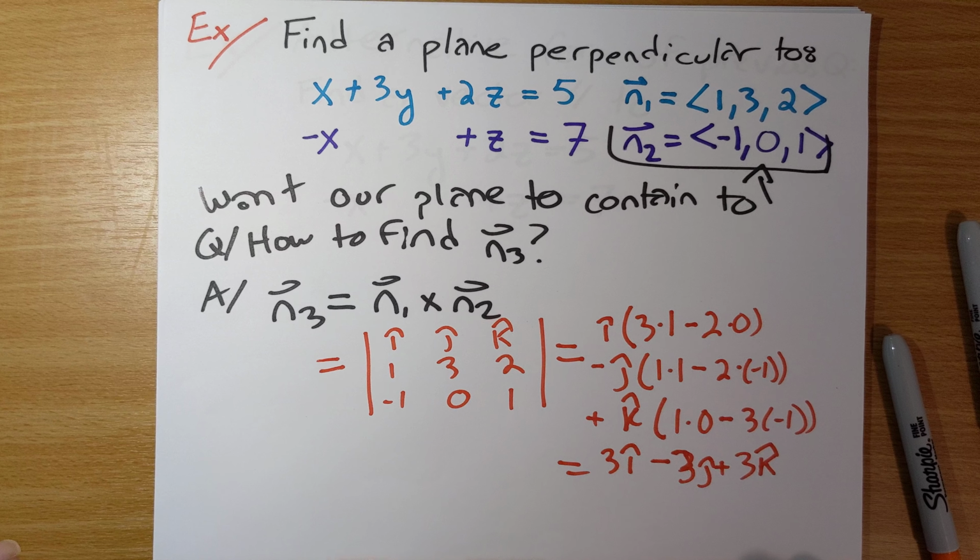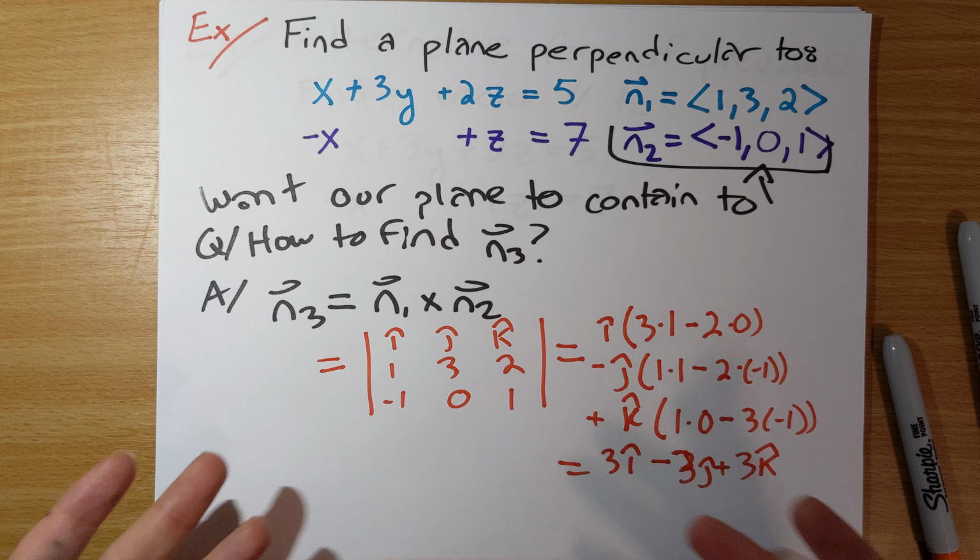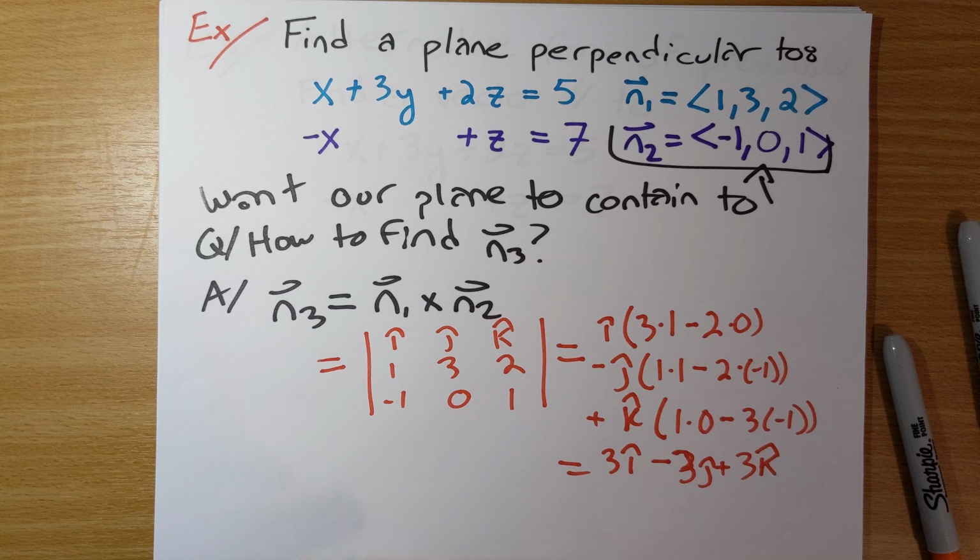So that is reassuring to us. Okay, so we found a plane that is perpendicular. We found a normal vector. We found a vector that's orthogonal to each of our planes' normal vectors here.